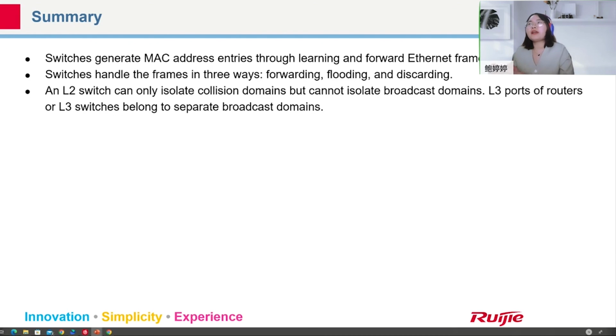Then we forward the traffic according to the MAC address table. There are 3 actions. Forwarding happens if the destination MAC address exists in our table and the connecting interface is different from the receiving interface. The second one, if the destination MAC address is not in the switch's table, the switch will flood.